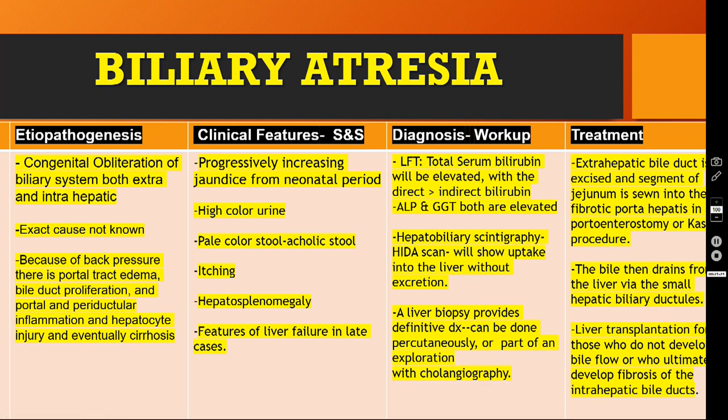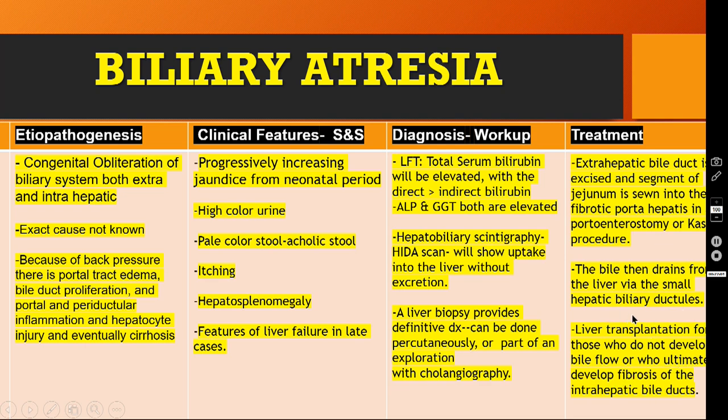The divided proximal limb of the jejunum you can anastomose to the jejunum, side to end or end to side. This is jejunostomy. So bile then drains from the liver via the small hepatic biliary ductules. Liver transplantation is for those who do not develop bile flow, or babies who ultimately develop fibrosis of the intrahepatic biliary ductules.